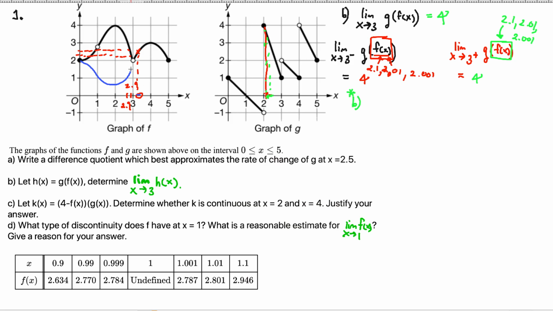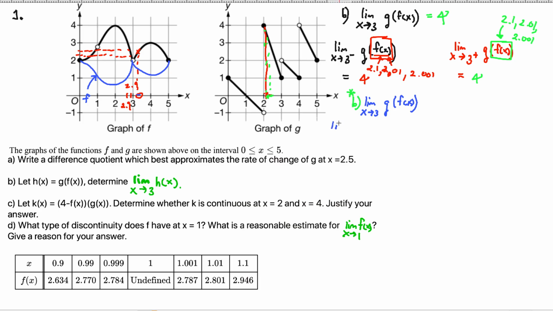So let's say now F is the blue line. Okay, let's say F looks like this now. So this is F. Forget about the black part. Okay, and let's investigate the same question. Let's investigate limit as x goes to 3 of g of f of x.